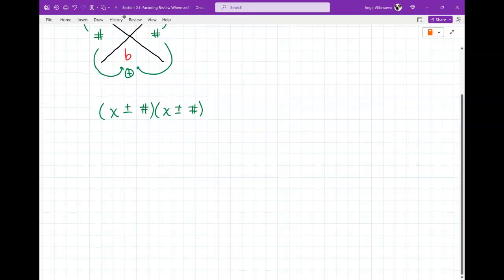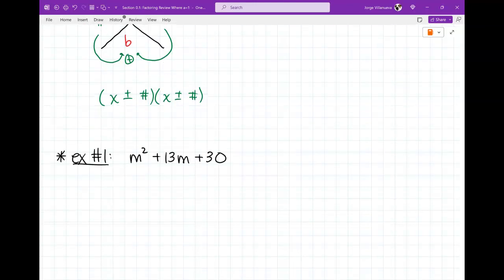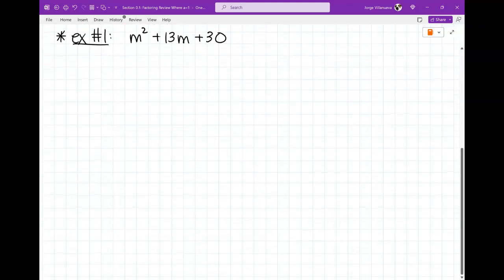So this will be example number 1. Again, this does come from your homework. Let's go with this: m squared plus 13m plus 30.